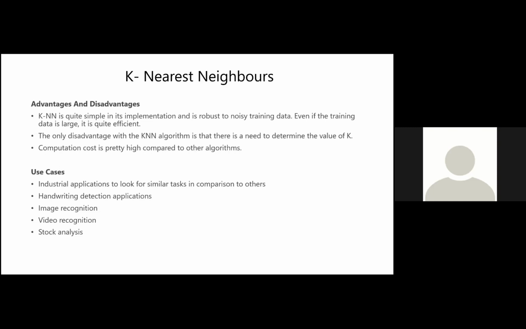There are multiple steps involved, so it is computationally heavy. Coming to the use cases, it can be used in image recognition, video analysis, video recognition, stock analysis and so on.